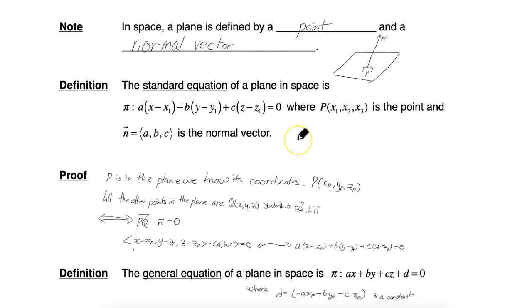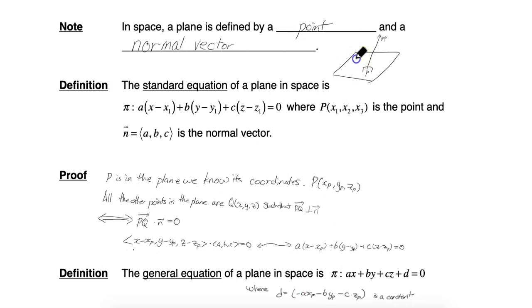Well, if x1, y1, z1, or xp, yp, zp, as it is written here, are defining a fixed point in the plane, and if we know that n is abc, then all the points q in the plane are such that pq.n equals 0.